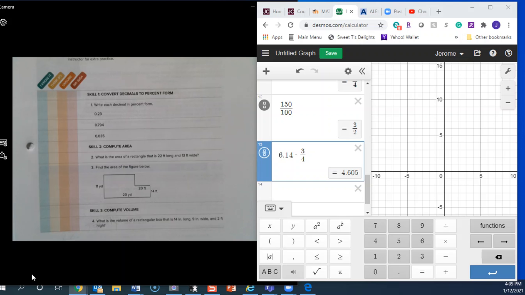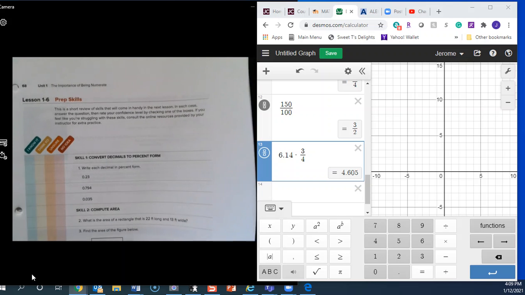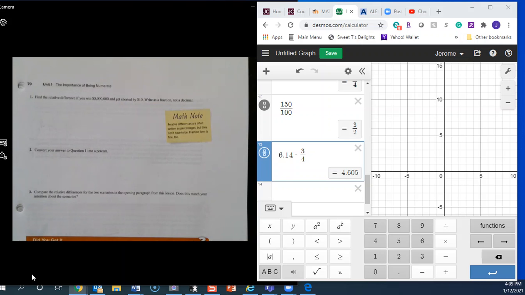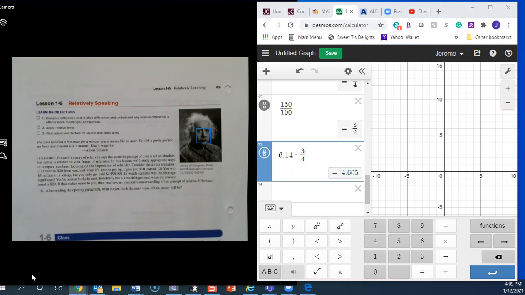Okay, class, it looks as though we're going to go over 1.6 and possibly 1.7 as well. So we have 1.6, relatively speaking. It says the learning objectives are to compare difference and relative difference and understand why relative difference is often a more meaningful comparison.